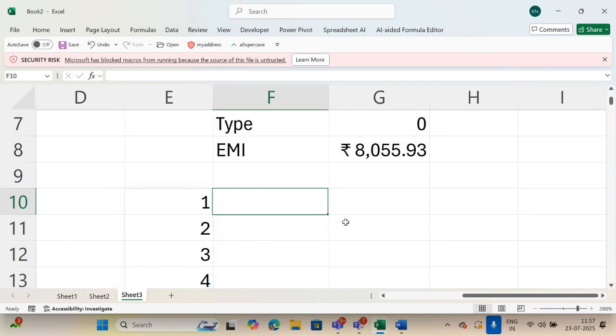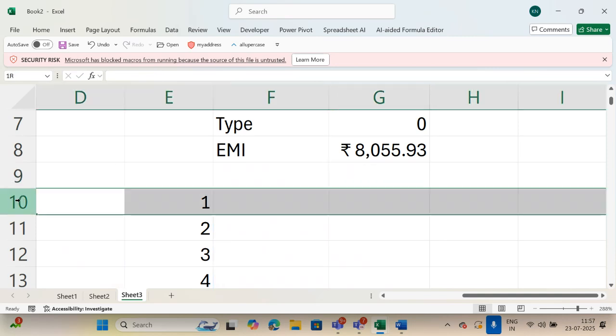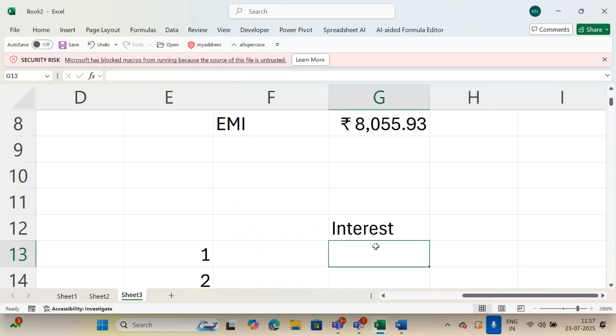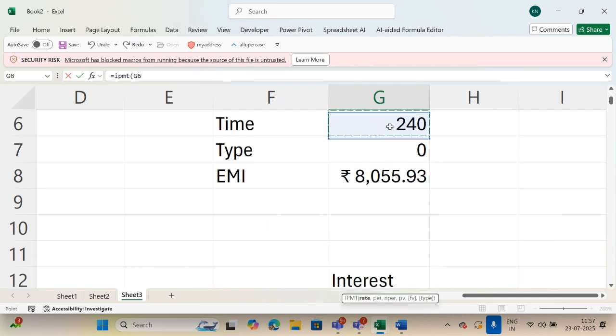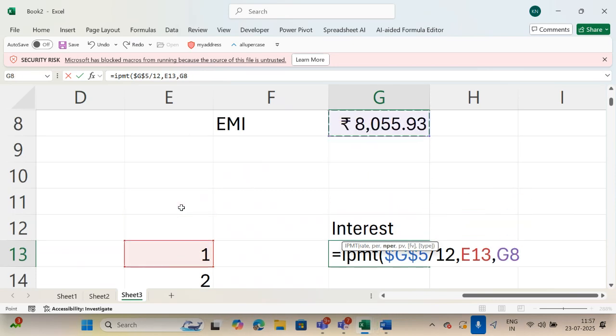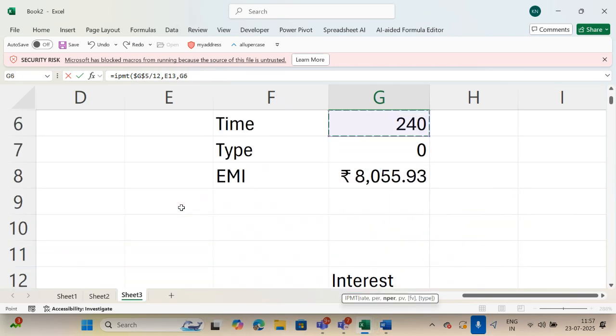Then how can I calculate the interest? Nitin, please listen carefully. Everybody, how can I calculate the interest? Interest is equal to IPMT. The rate is the same, divided by 12, but this is very important: for which month you want to calculate the interest, comma, time, and you should not fix it.